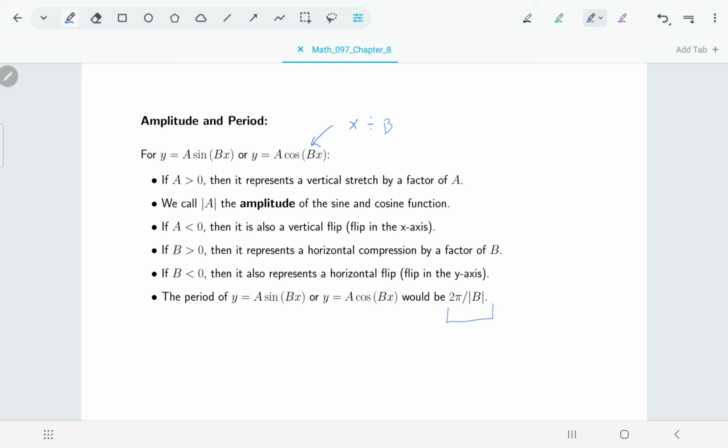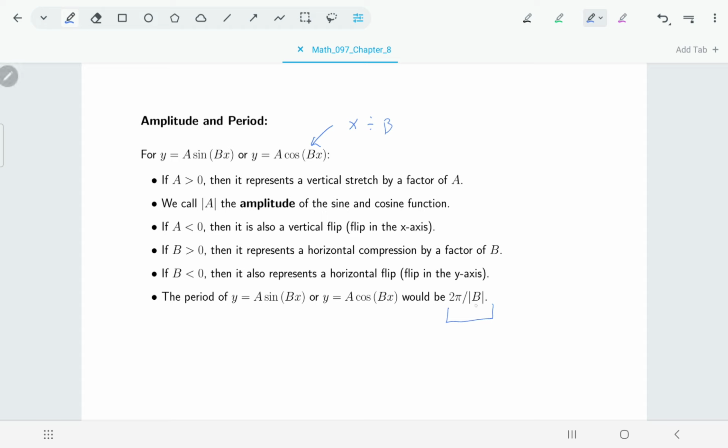I have to be a little bit cautious here: I said 2 pi divided by b, but really I should be saying 2 pi divided by the absolute value of b. And the reason for this is because the period is a length. It's how far it is from the beginning to the end of one cycle. And of course, lengths, or distances, need to be positive.